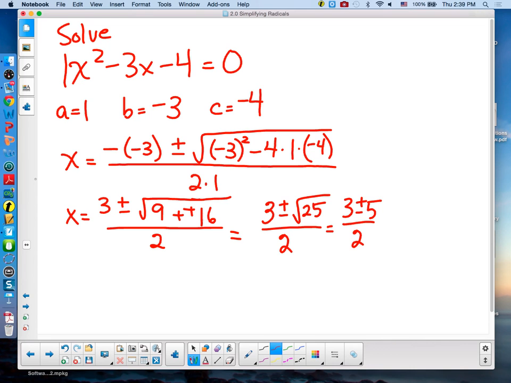Now I think I'm ready to do my two parts. 3 plus 5 divided by 2 is 4. 3 minus 5 divided by 2, negative 1. So my two solutions were 4 and negative 1.